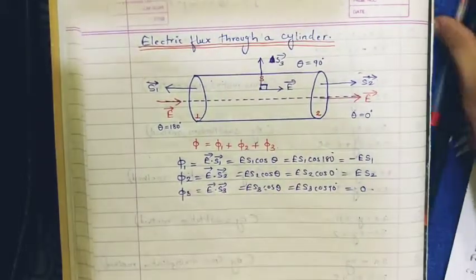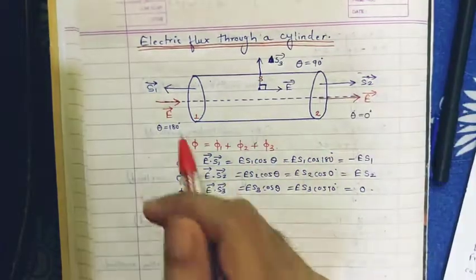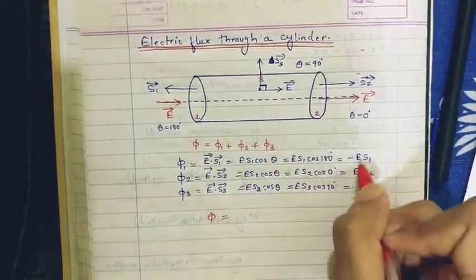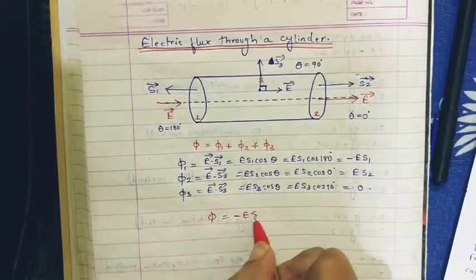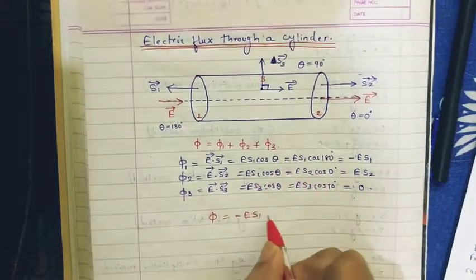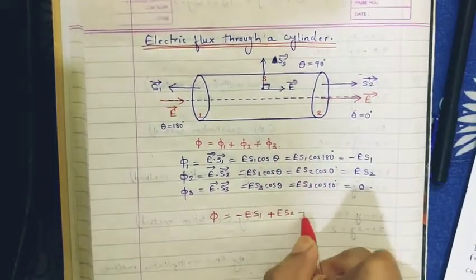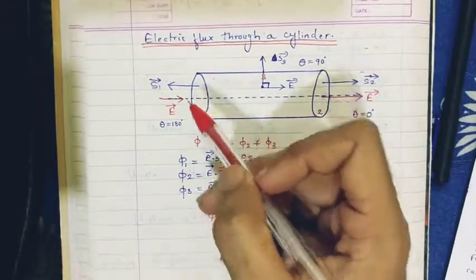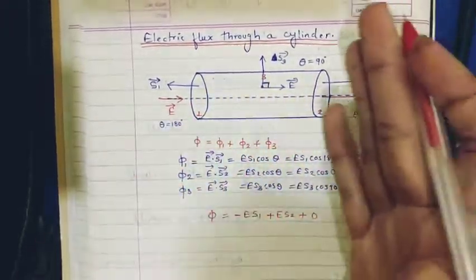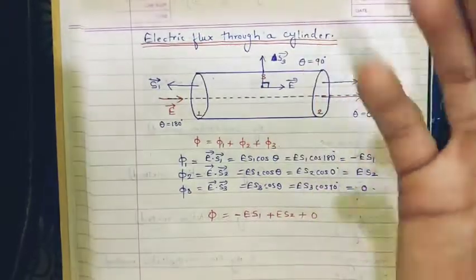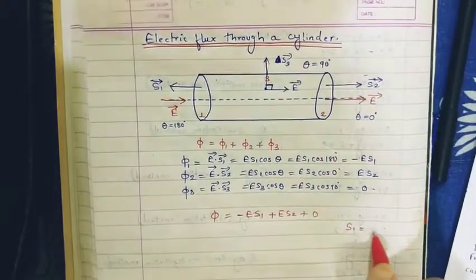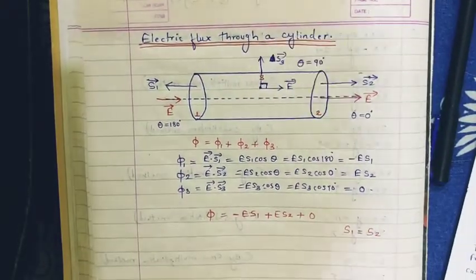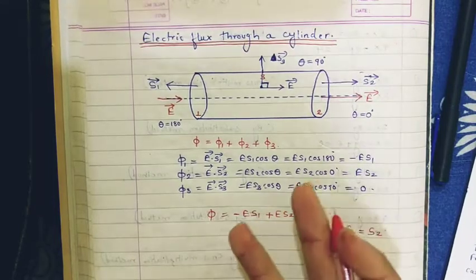So the total flux phi is going to be phi 1, that is minus E S1, plus phi 2, that is plus E S2, plus phi 3, that is 0. Now, since it is a cylinder, the circular areas on both sides are the same, that is S1 is equal to S2, because both are circles of the same radius.